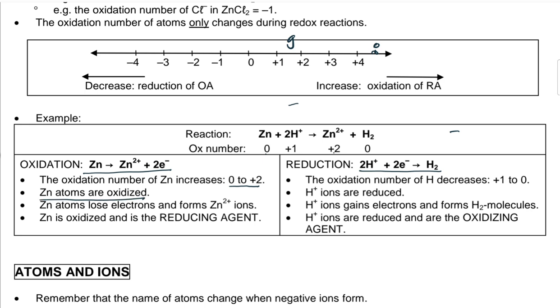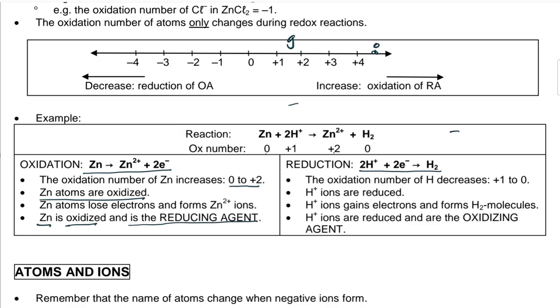So this Zn atom loses electrons and forms Zn2 plus ions. It's going to lose electrons to form that ion. So Zn is oxidized and therefore is a reducing agent.